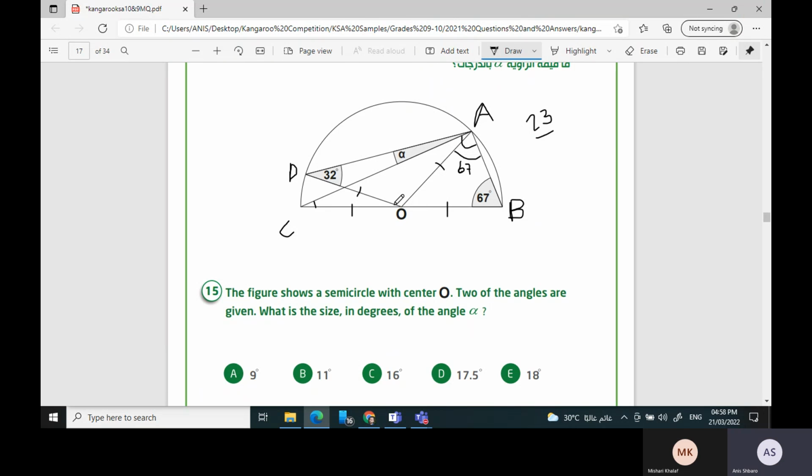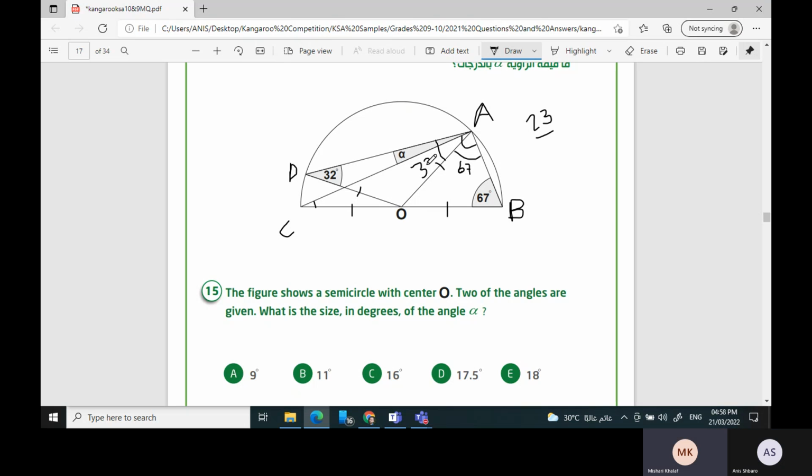So you're going to name, for example, from O to A and then A to C or D. So it's equal to OA, which angle? OAC or OAD? OAD, you mean, right? Yeah. Okay, so this one is equal to 32.